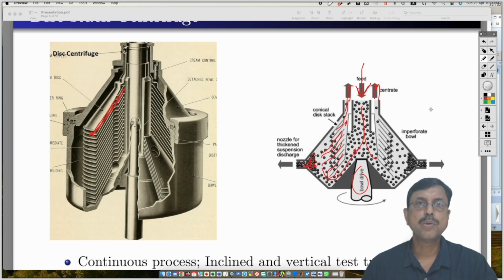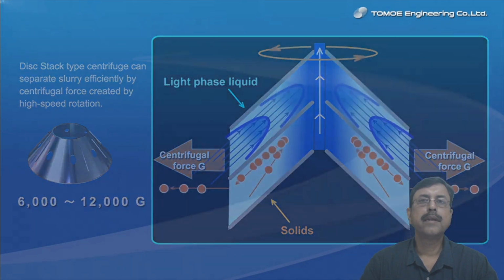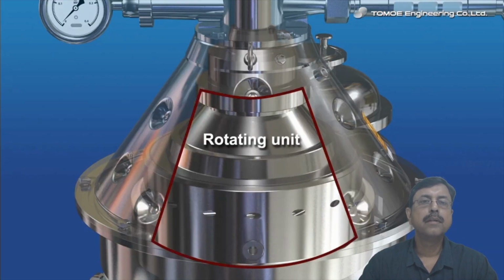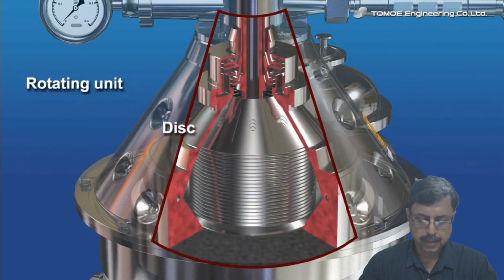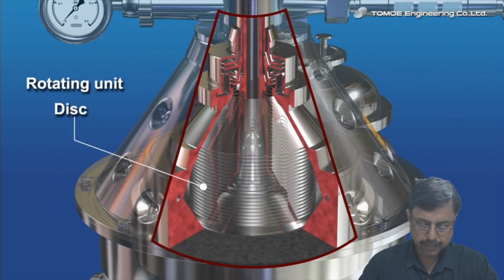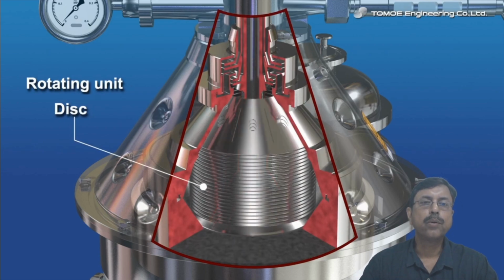Now I will show you the animation through which you can understand how it operates. This is exactly how it operates. This is the rotating unit and these are the discs, and this disc rotates.